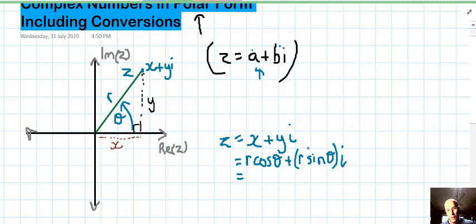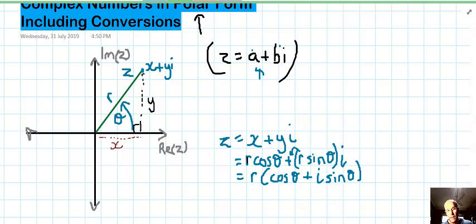So I could have put the r outside of here too, and so hence z is r times cos theta plus, you can move the i wherever you like as well, cos theta plus i sin theta.